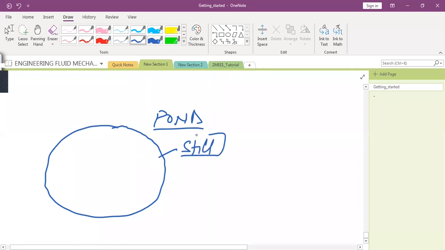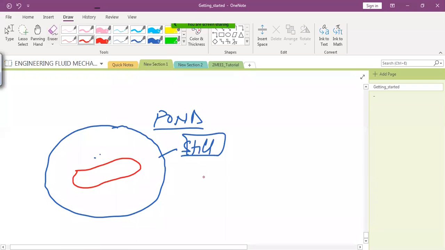There is no movement of water in this pond. You kept a closed loop on the surface of this pond, somewhat like this. So this is a closed loop you kept on the surface of still water in a pond.